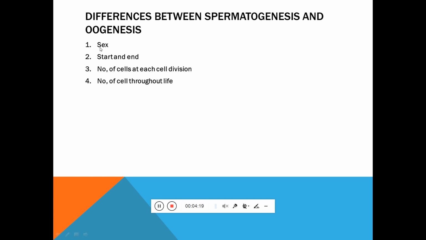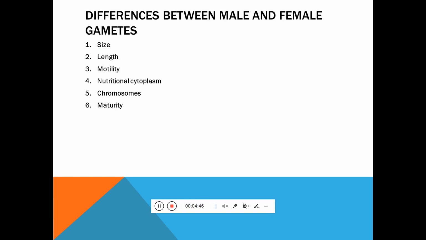That means throughout life hardly 400 to 500 ova are released. The number of cells released is very small. So these are the few differences between spermatogenesis and oogenesis. Actually it is very easy, based on cell divisions, a few other things, and the hormonal effect we have already discussed.